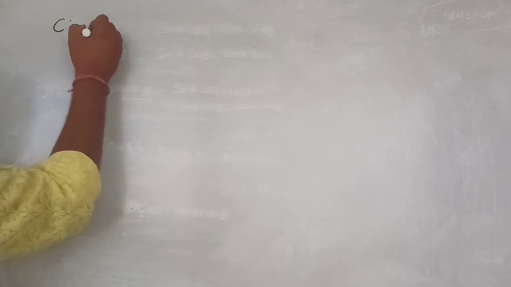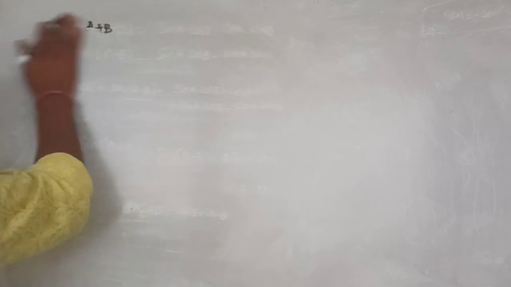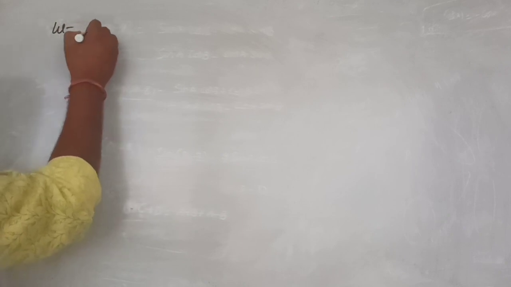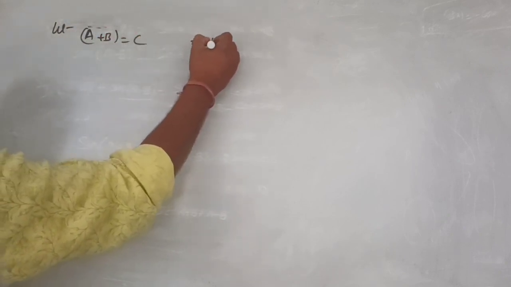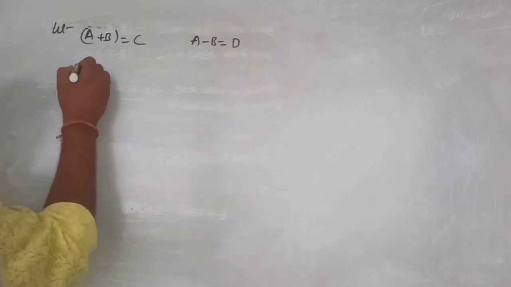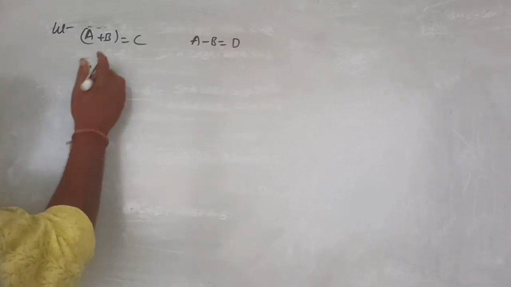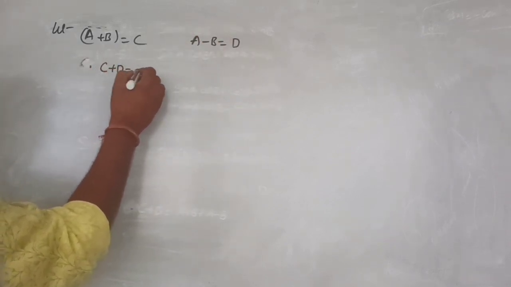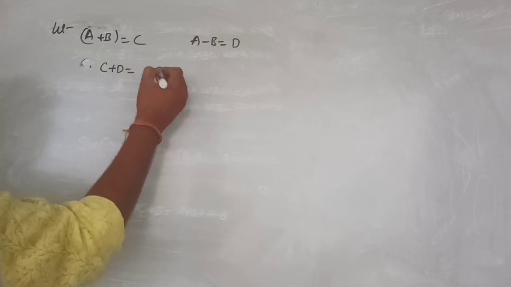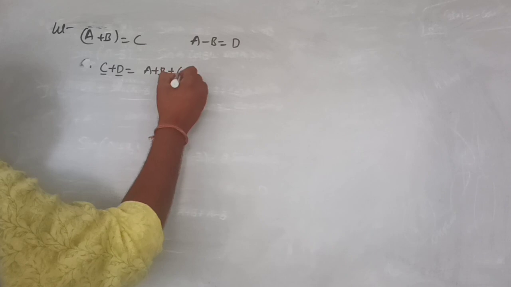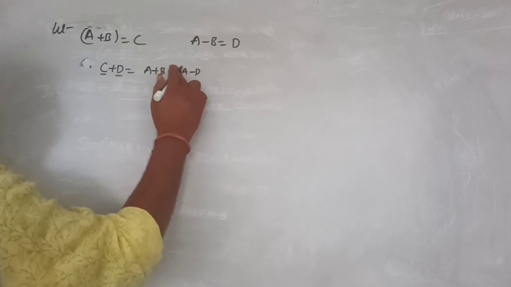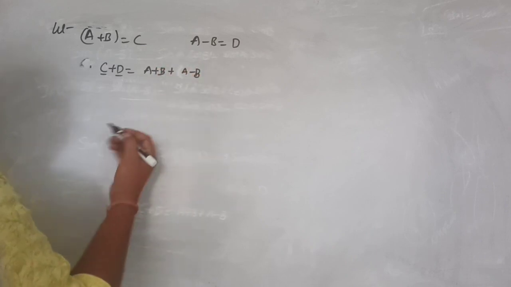Let A plus B be equal to C and A minus B be equal to D. So here C plus D is equal to A plus B, the C value, plus A minus B, the D value.